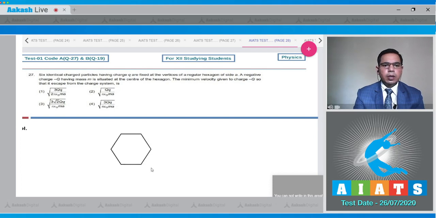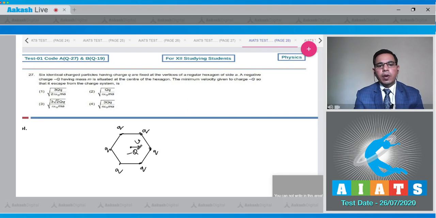This is a hexagon, and at the vertices there are 6 charged particles, and at the center there is a minus q charge placed. It is asked what velocity should be given to this charge so that it escapes from this system.